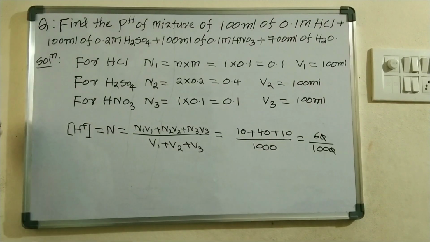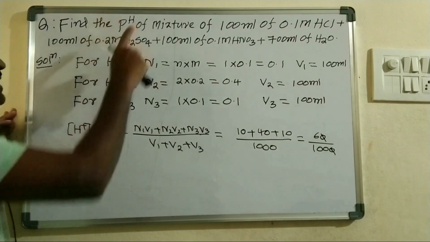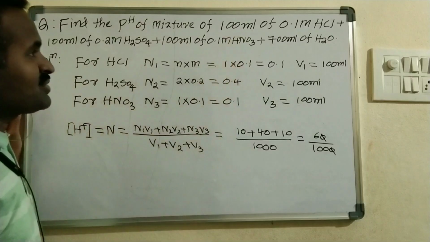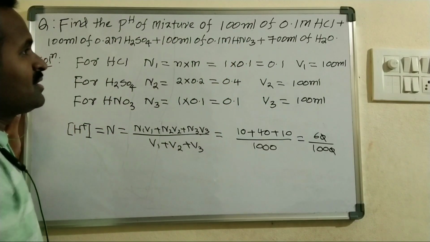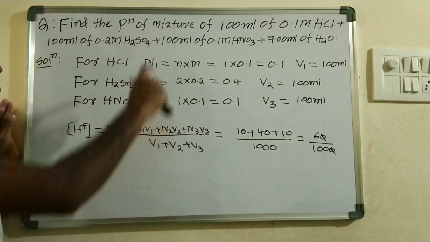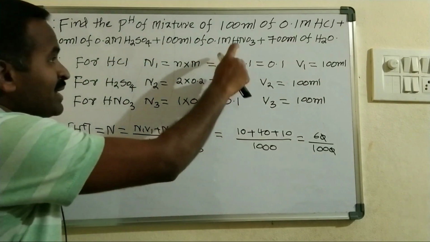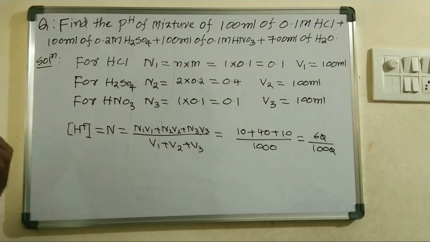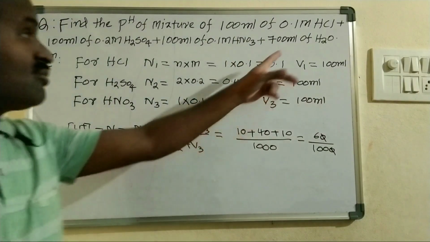Right. The next problem is: find the pH of a mixture of 100 ml of 0.1 M HCl plus 100 ml of 0.2 M H2SO4 plus 100 ml of 0.1 M HNO3, plus further they have added 700 ml of water.